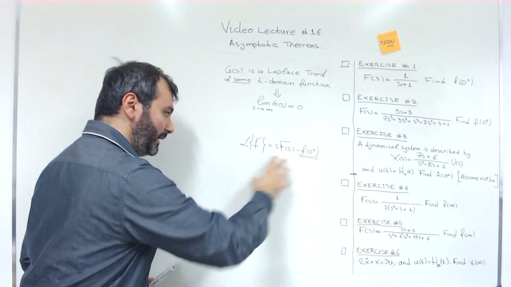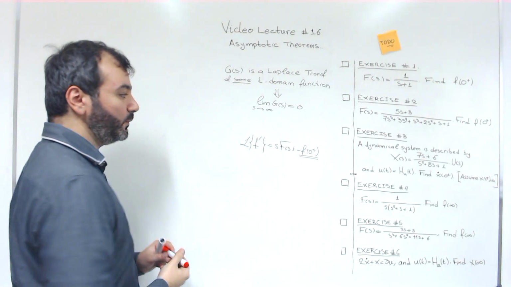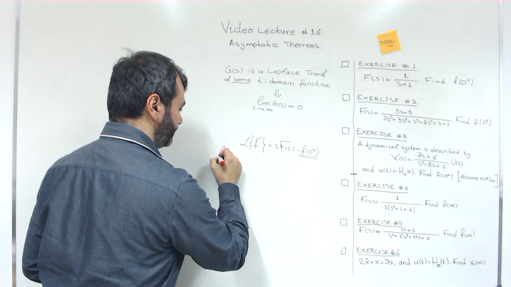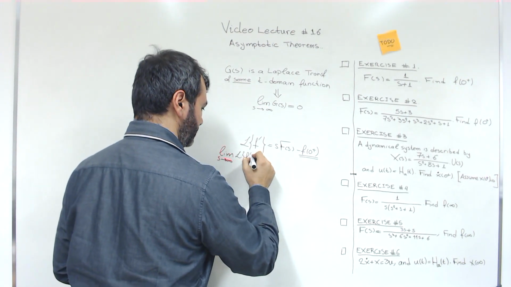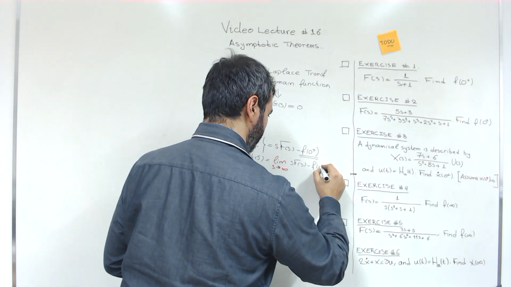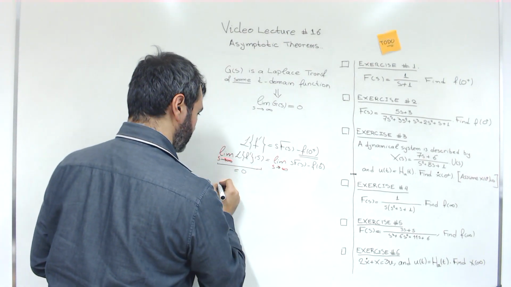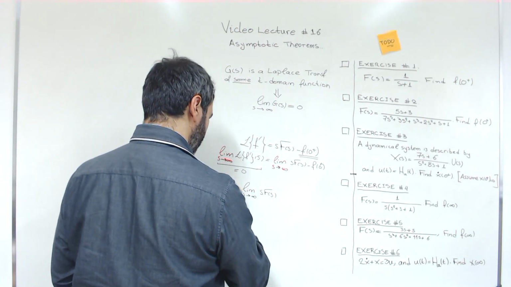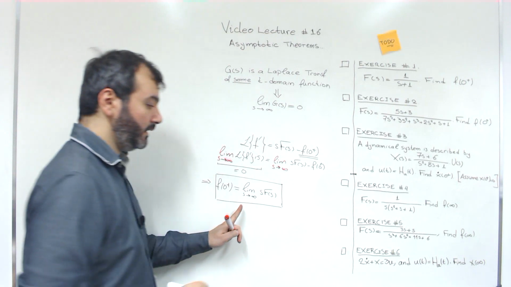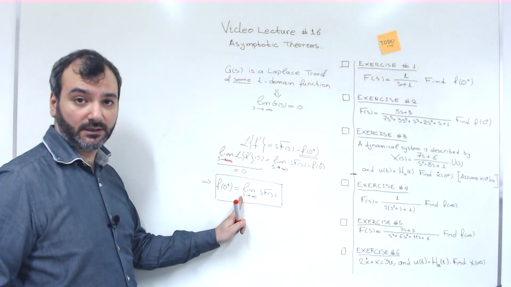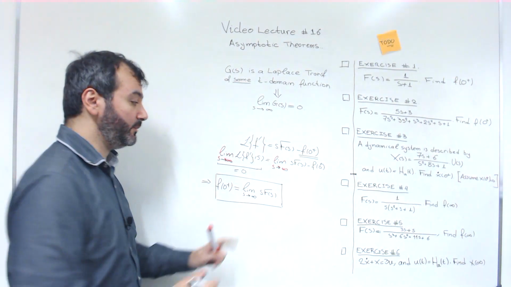So if we take a limit as s goes to infinity on both sides of this equation, we'll have the following. And we arrived at this equation, which is a very useful result. This is the initial value theorem.